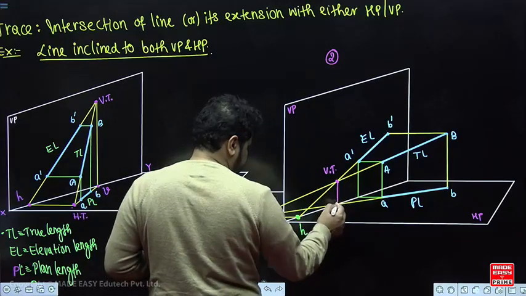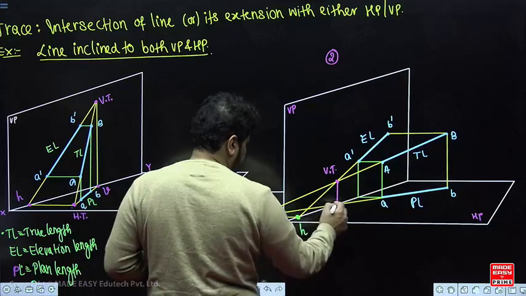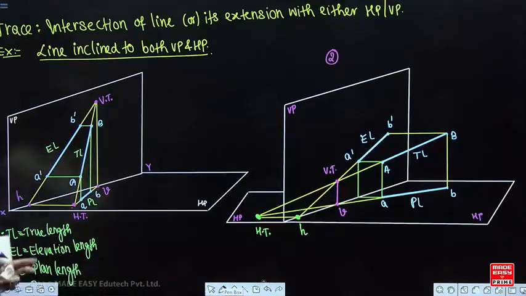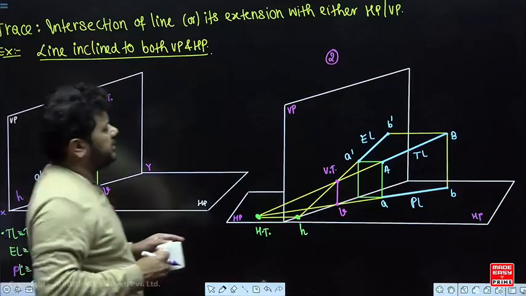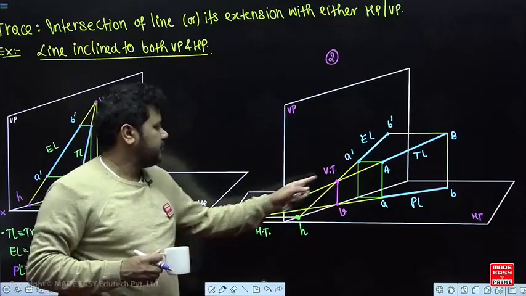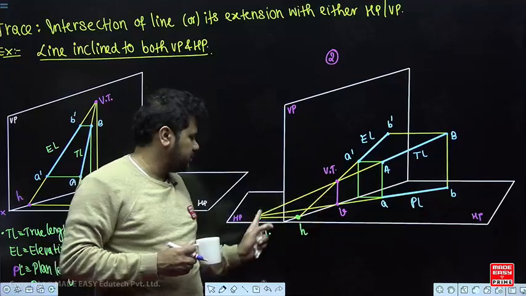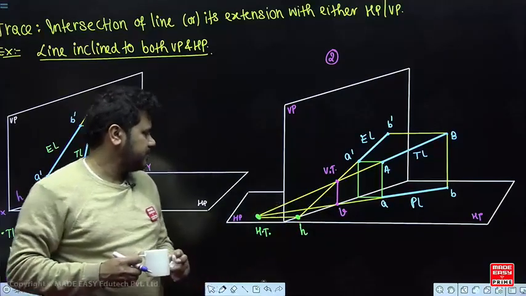And the projection of the vertical trace at this particular point will be your small v, isn't it? Clear? So if you extend AB backward, you get the vertical trace and horizontal trace. The vertical trace projection is small v, the horizontal trace projection is small h.